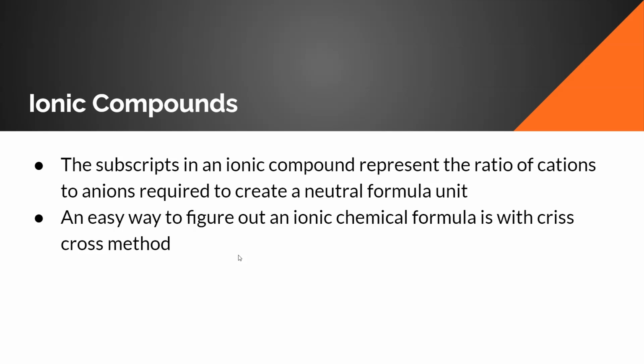With ionic compound formulas, the subscripts are the ratio of the cations to the anions that creates a neutral formula unit. So you're trying to balance the charges out to 0. One of the easiest ways to write an ionic formula is with what we call the criss-cross method.